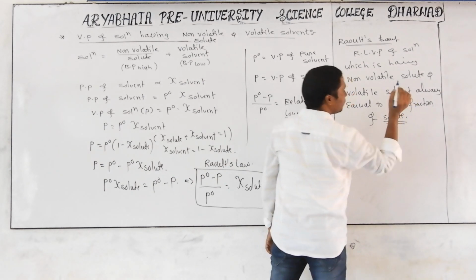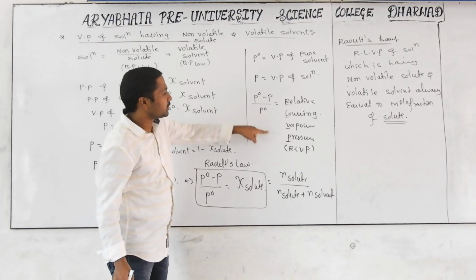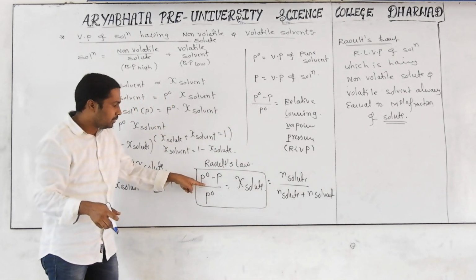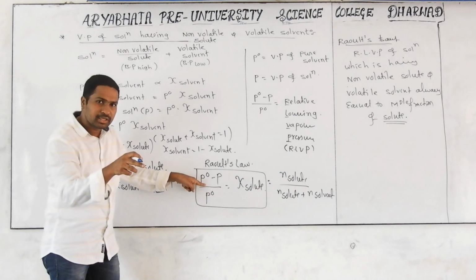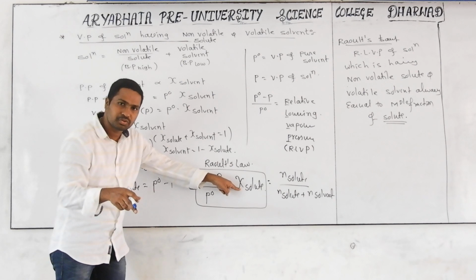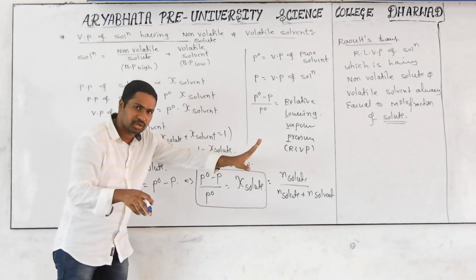This is the statement of Raoult's law. That is nothing but (P0 minus P) by P0, called RLVP. In a solution containing a non-volatile solute and a volatile solvent, the RLVP is always equal to the mole fraction of the solute particle. In problems we use this formula.